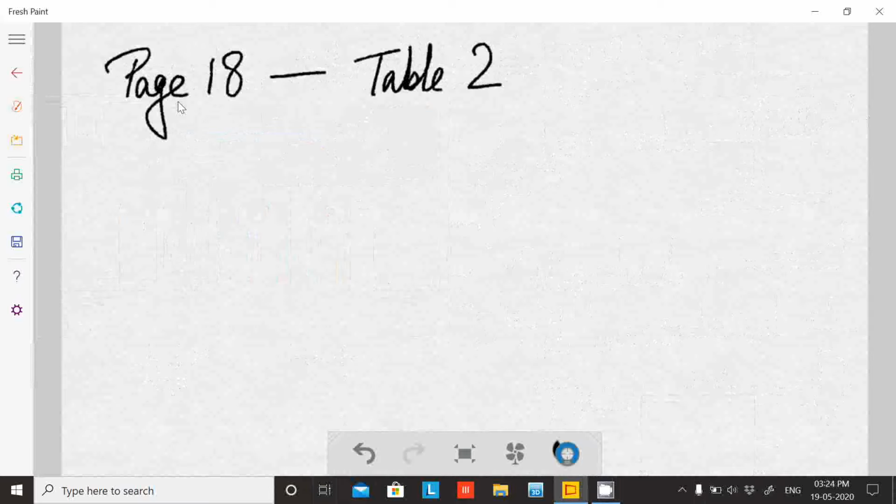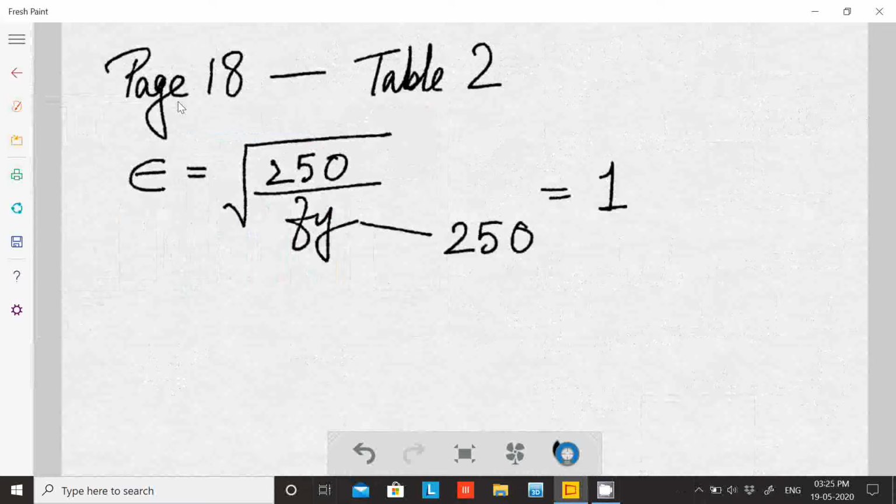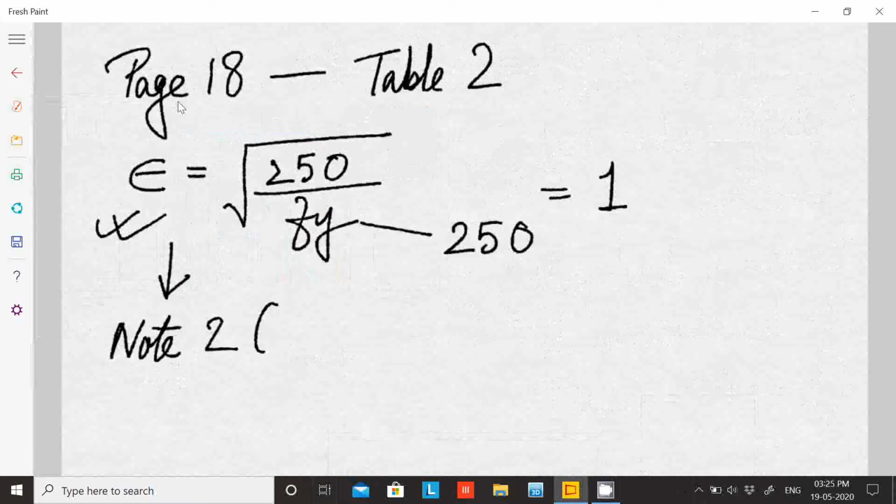So first of all, let us consider the value of b by tf. Before that, let us also take into consideration one term which is known as epsilon, which is 250 by fy. Now for fe 410, fy is 250. So epsilon is 1. That you should keep in mind. This formula for epsilon is already given in page 18 table 2, note number 2, at the bottom.